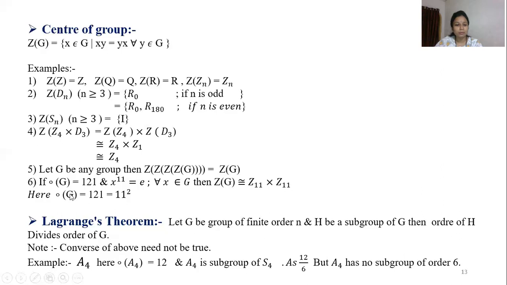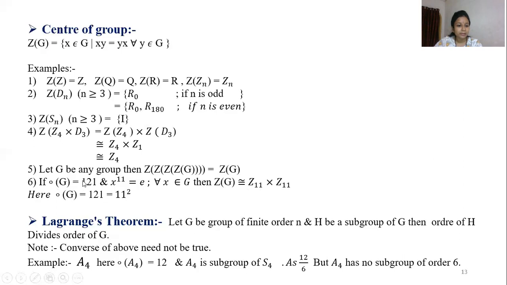It is isomorphic to what? The order of group G is 121, which is 11 squared, so we have only two possibilities: either G is isomorphic to Z121 or G is isomorphic to Z11 cross Z11. If G is isomorphic to Z121, then Z121 is abelian, rather, Z121 is cyclic.